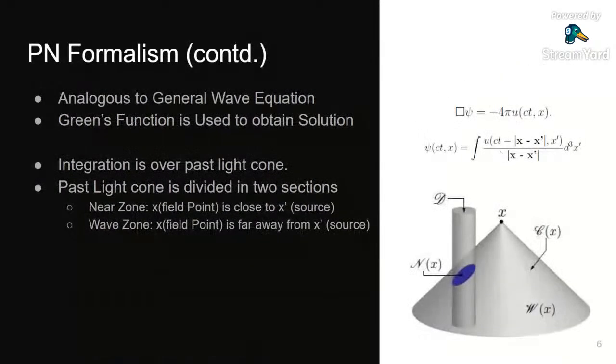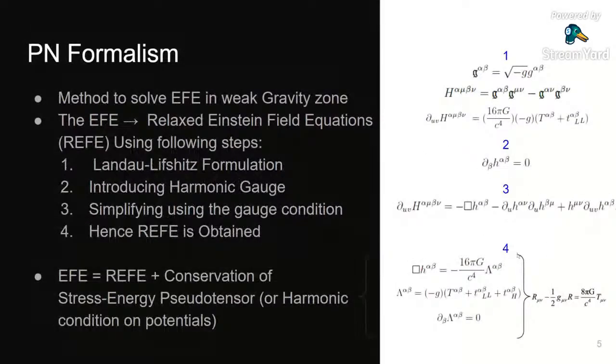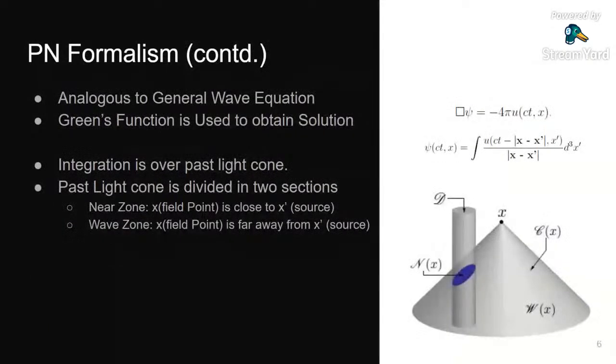If we look over here, this is very similar to a wave equation. As an example of a wave equation, we can look at Poisson's equation, and for any kind of wave equation, we need a Green's function to solve it.